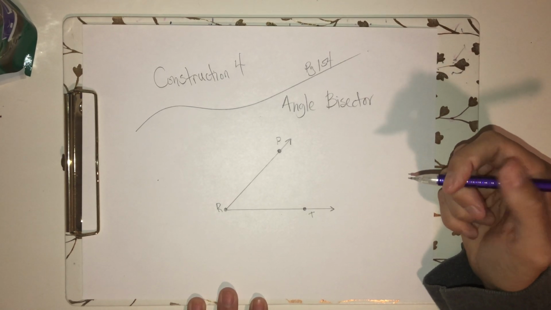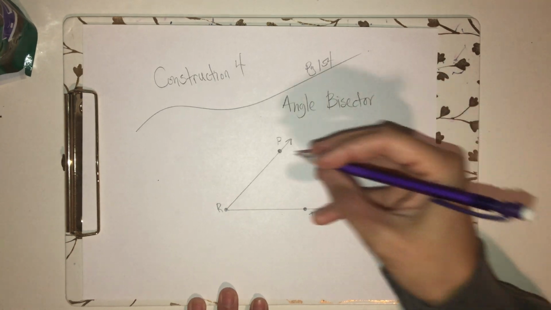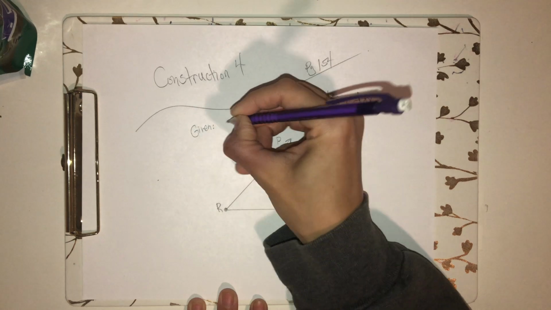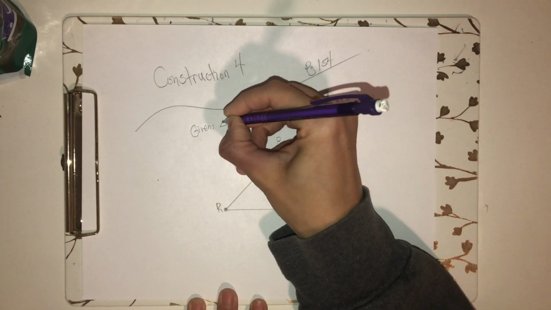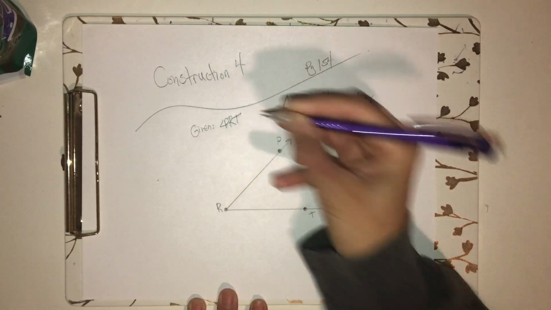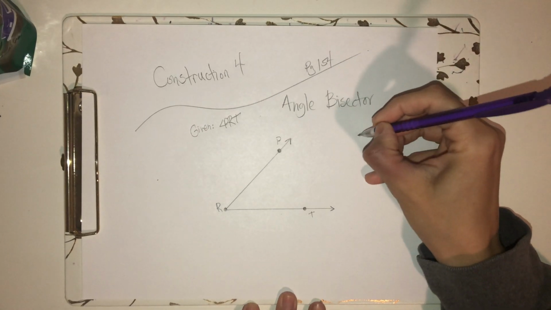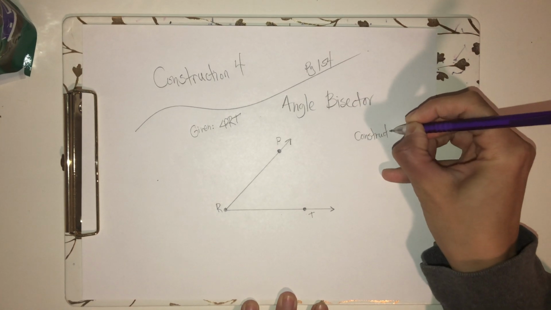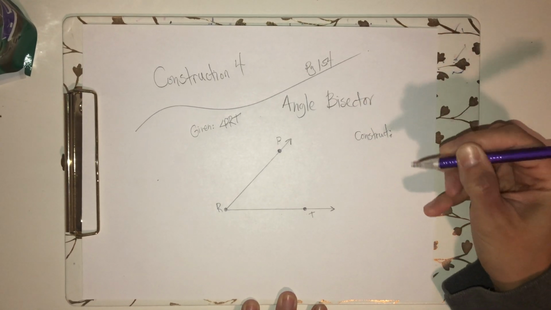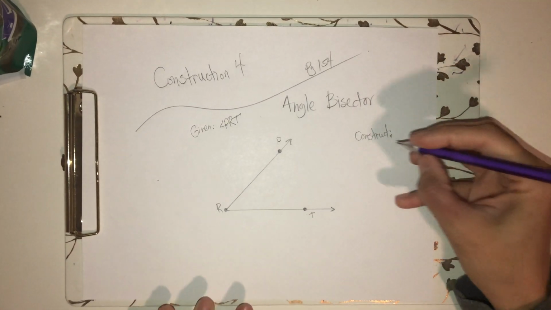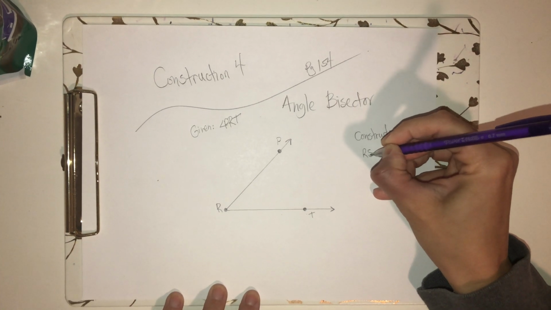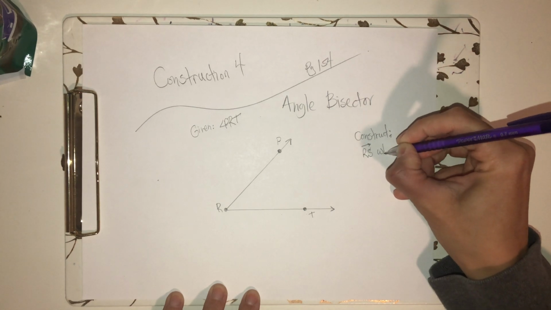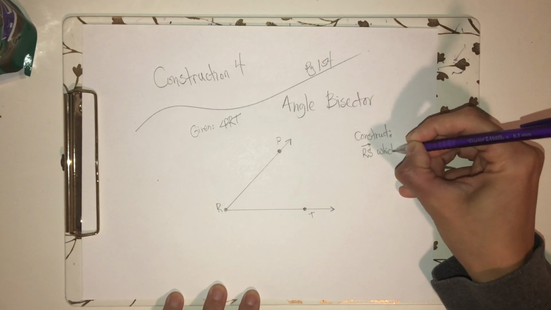So this is what you're given, this angle PRT. I almost wrote the name incorrectly. And we're going to construct ray RS, that is the angle bisector for this given angle.